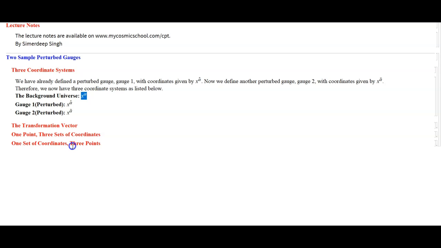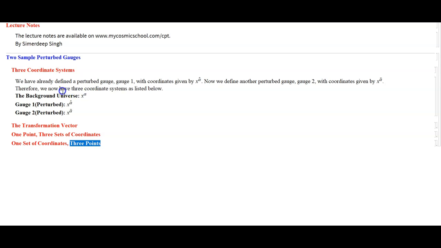The same applies if I take one set of coordinates and end up with three points. Those points are physically located so close to each other that the distance between a pair of these points is very small.